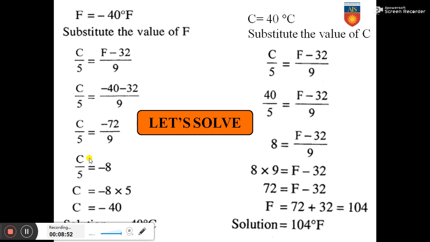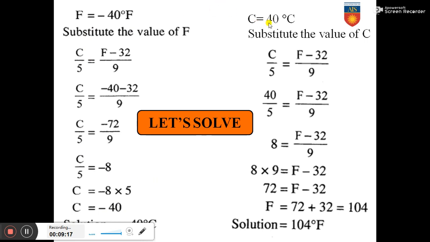So C by 5 now becomes minus 8. We are dividing 72 by 9 and the minus sign is also going to be there. C now becomes minus 8 into 5, which is minus 40. So now we know that F equal to minus 40 degree Fahrenheit is basically C equal to minus 40 degrees Celsius. So we have solved this particular portion here.